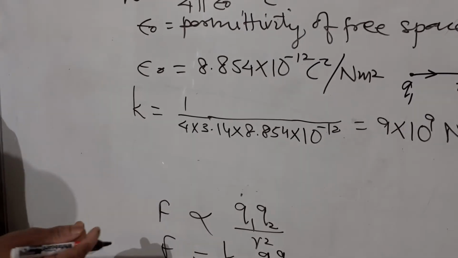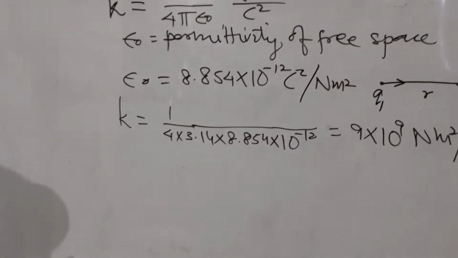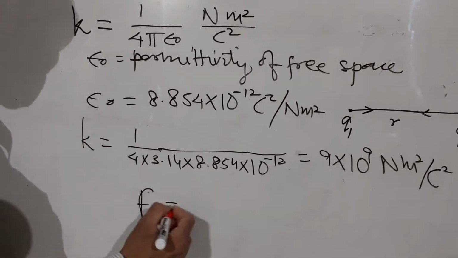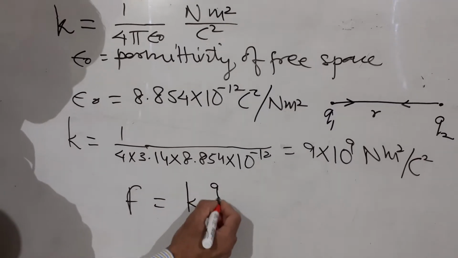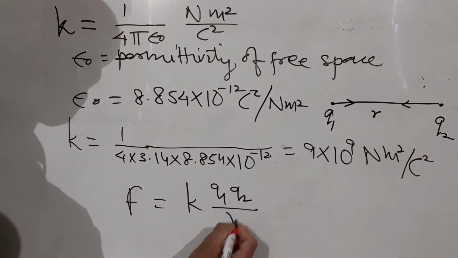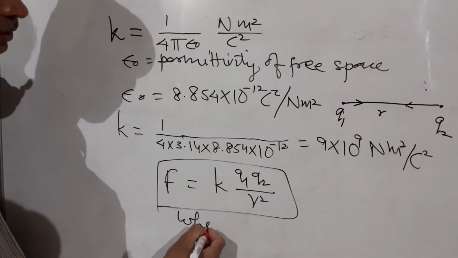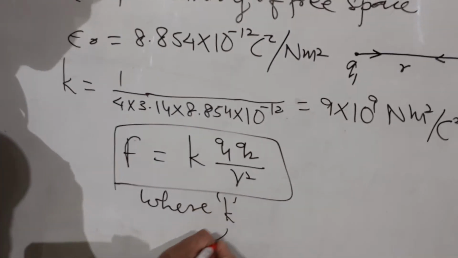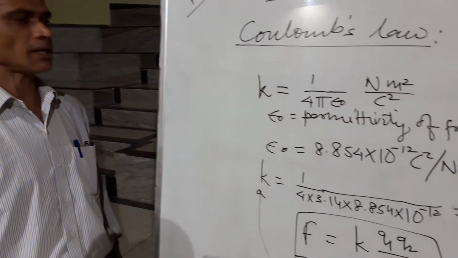So the mathematical form of Coulomb's law is F is equal to K Q1 Q2 upon R square, where K is given by this relation. So this was the mathematical form.